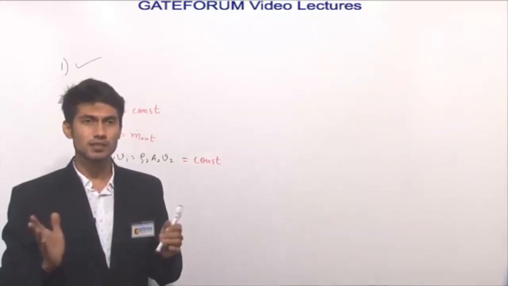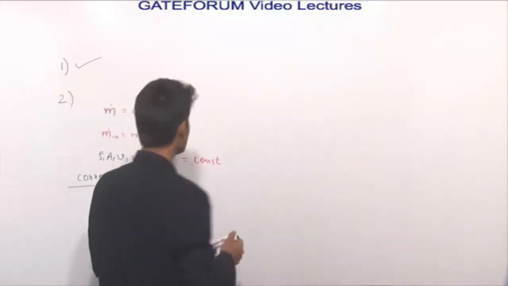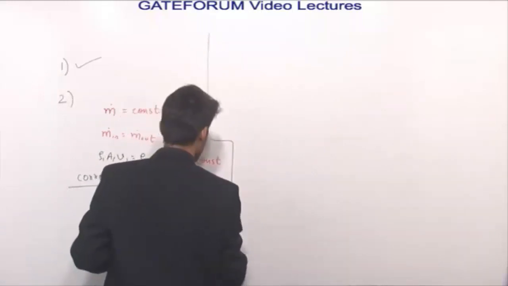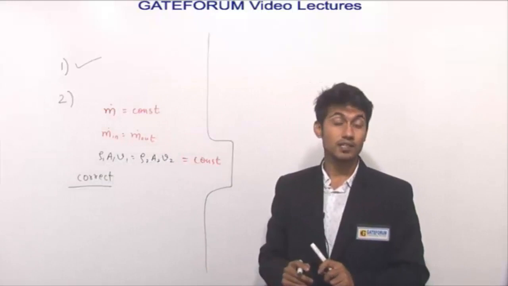Now consider two sections, and we have given a modified Bernoulli equation. It is nothing but a modified form of steady flow energy equation.